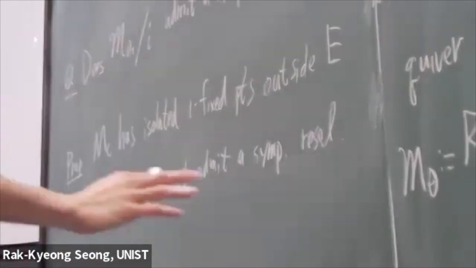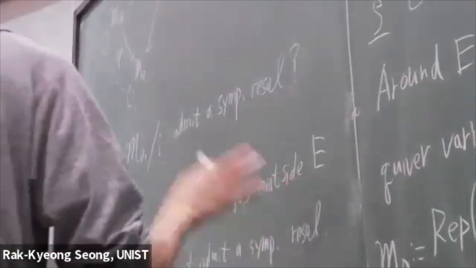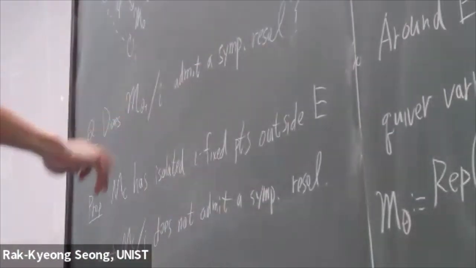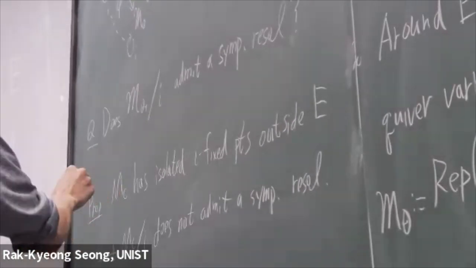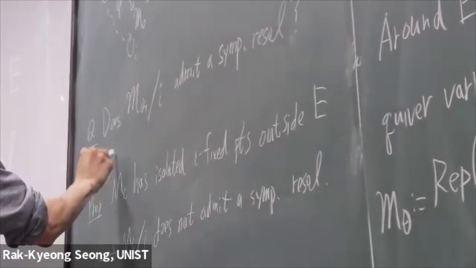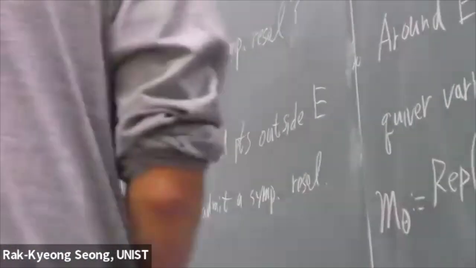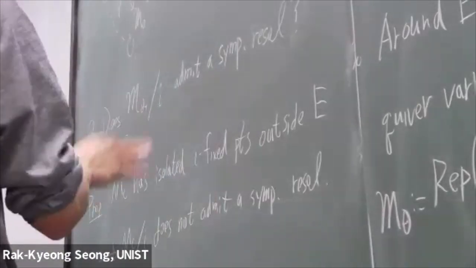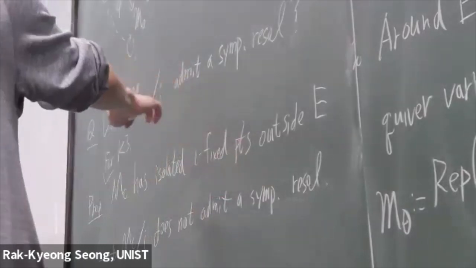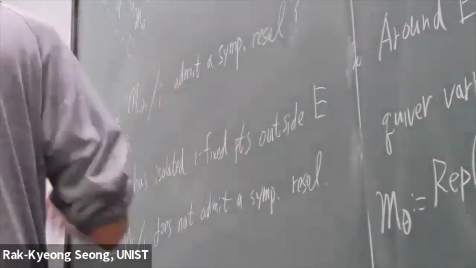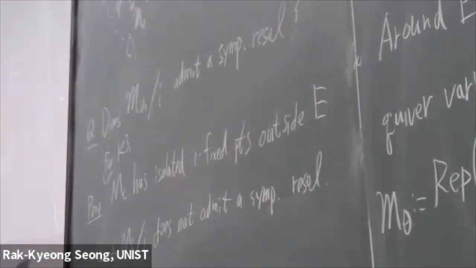The isolated fixed point was only for K3. So for an abelian surface, there might be no fixed point outside E. And if this also admits a symplectic resolution, then globally this is a symplectic resolution.